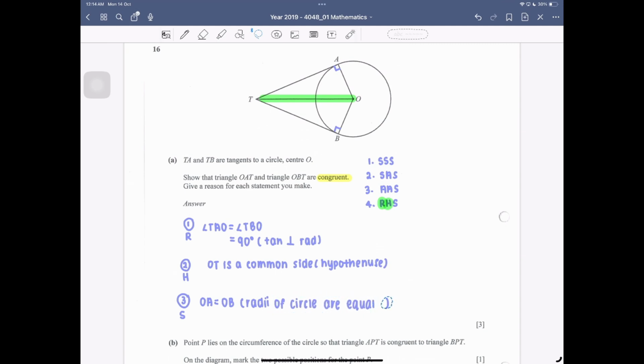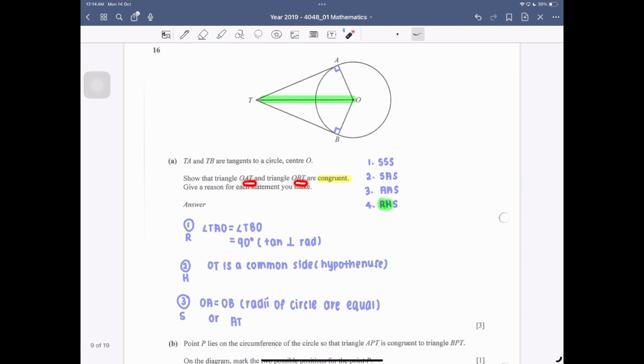You can use this, or you can also use the fact that AT, if I use AT, then I have to use BT. AT equals BT, and this is due to tangents from external point. You can put EXT, or write out the full form, no problem.